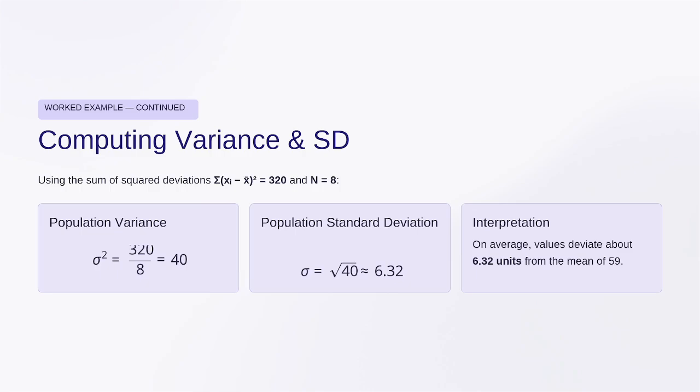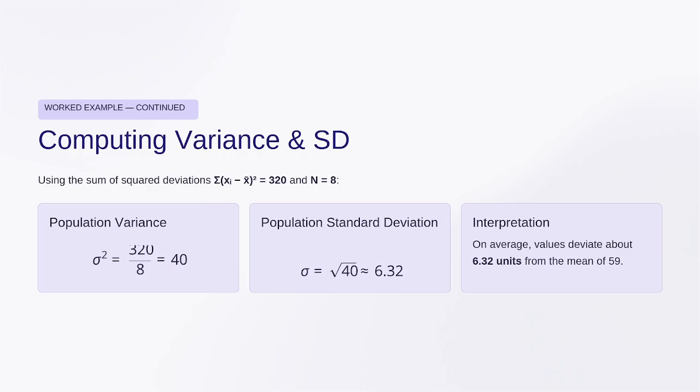Variance is summation x i minus x bar whole squared divided by n. The summation we got is 320. Total number n is 8. So 320 divided by 8 is equal to 40.